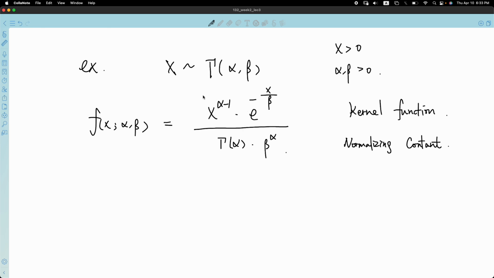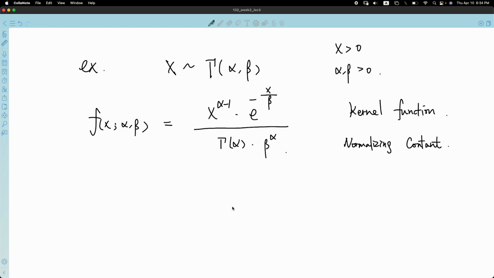If you take the integral of the numerator, you will end up with the denominator. That means if you take the integral of the whole thing, it will sum up to 1. That's the meaning of the normalizing constant. You divide by that, so that the probability will always sum up to 1. That is the purpose of the normalizing constant.